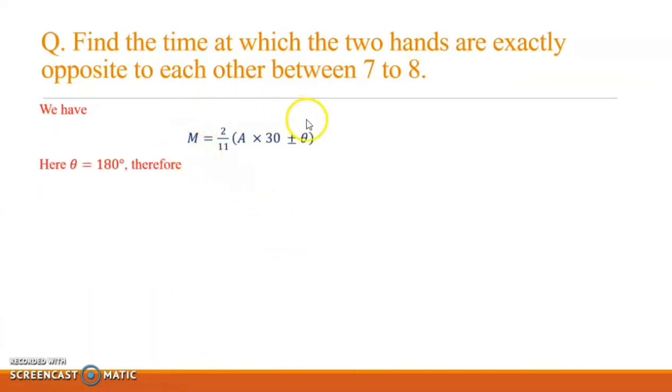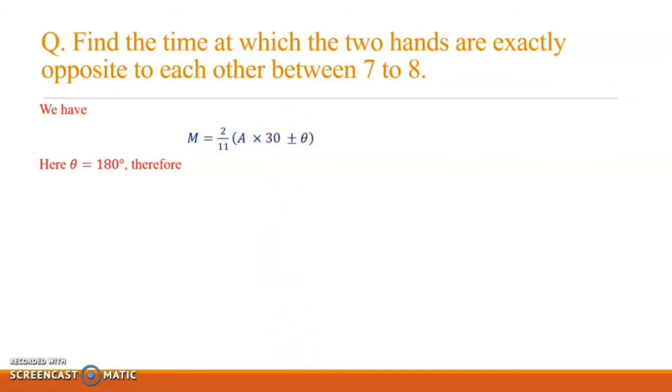If you look at this formula, there is this plus and minus sign before this theta. So this means that there are two possible candidates for the solution, that is for M. So we solve this problem by taking plus theta first and then minus theta.